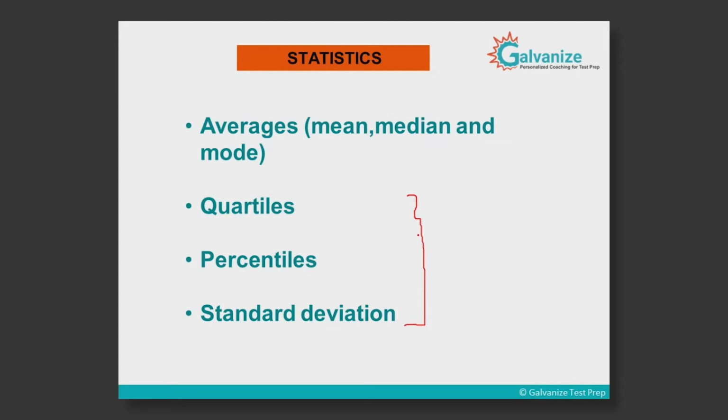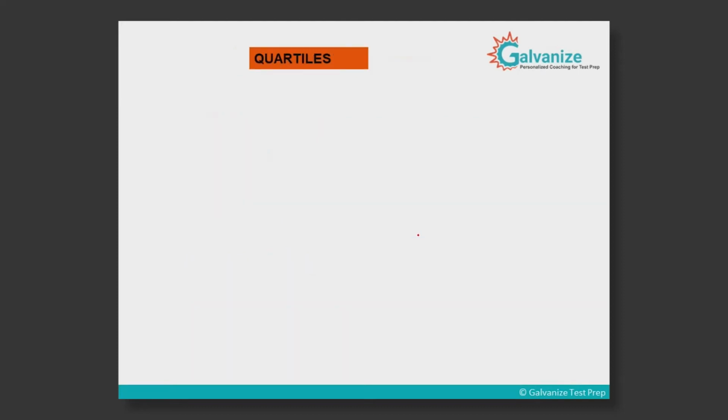Right. Now, under that, let's start with quartiles. The word quartile is self-explanatory, which means given any data set, a quartile is going to divide that data set into 4 equal parts. Quart means 4.